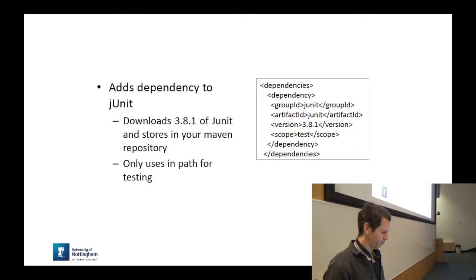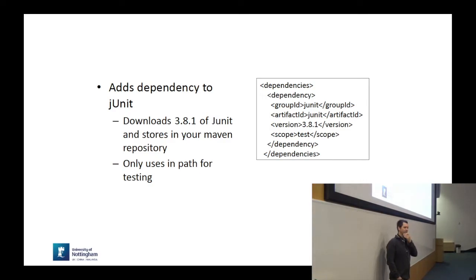So this is an example of adding the JUnit dependency, or the JUnit library, to a Maven project. There's a dependency tag, there's a group ID, there's an artifact, there's a version, and so on. And this is actually the dependency that I demonstrated in the screen capture demo, actually adding it to a POM file in IntelliJ.